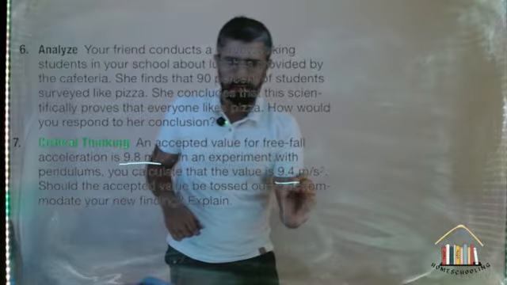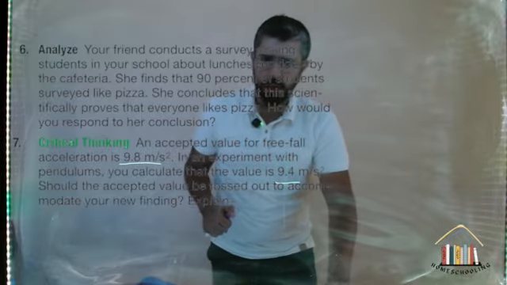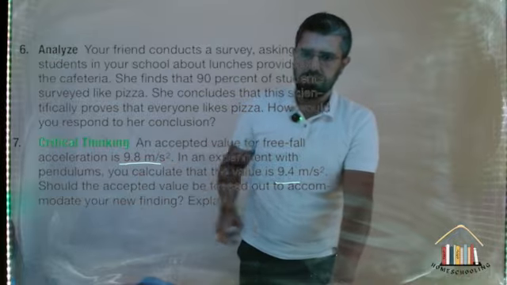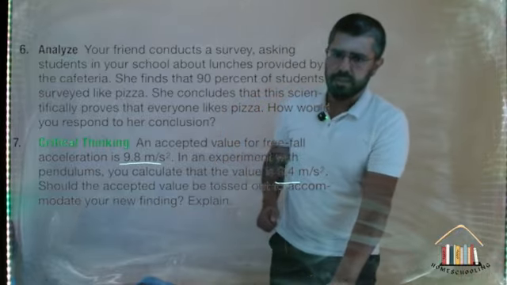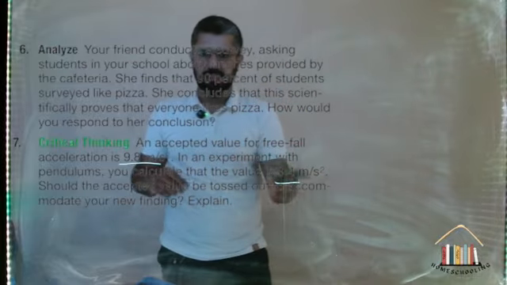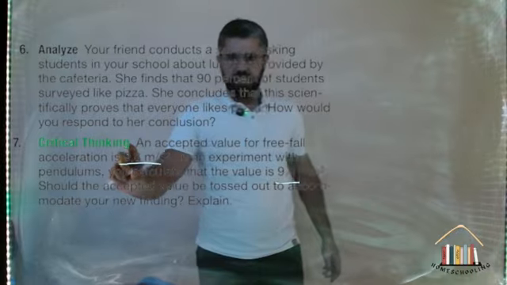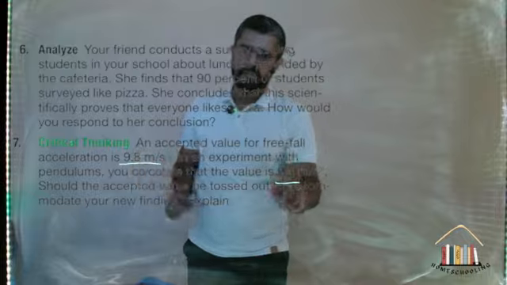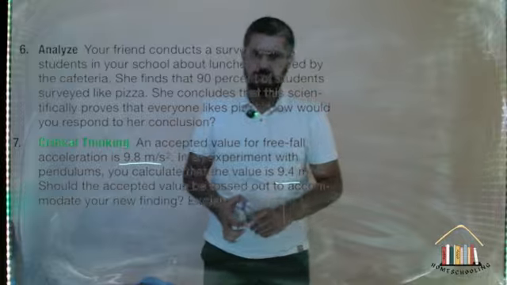It's close to it, but it's less than the real value. So should the accepted value, the 9.8, be tossed out to accommodate your new finding? Tossed out means rejected. So should we reject 9.8 and accept 9.4? Scientists say that gravity is 9.8. I did an experiment and I found it is 9.4. So which one should be rejected and what to do in this case?